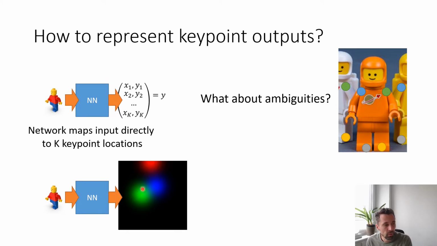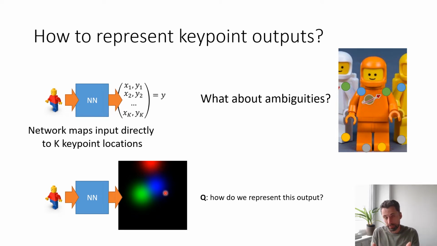So for example, let's say green corresponds again to the right shoulder, blue corresponds to the left shoulder, and red could be the head position or the nose position. Now, we usually represent this how? Exactly, we have a stack of output matrices, right?